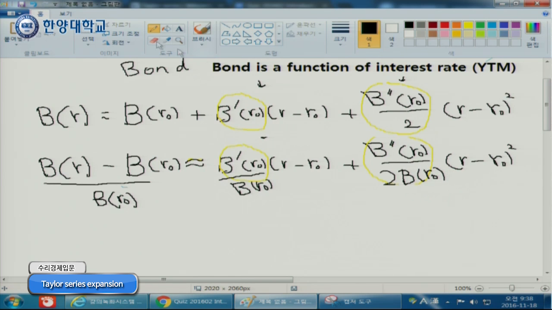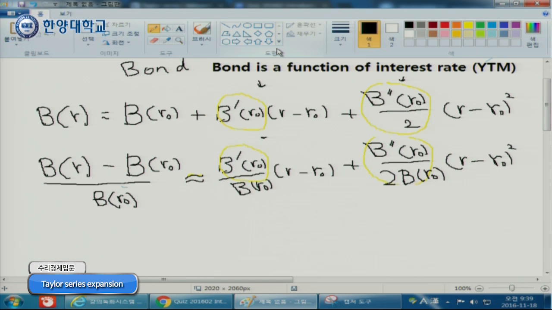We can do this one. Let me move this one below. Let's make it prettier. Now it becomes much prettier. Right? We can write this one this way, right?